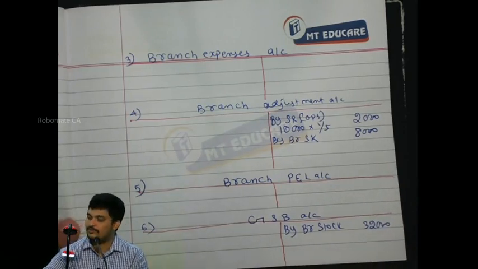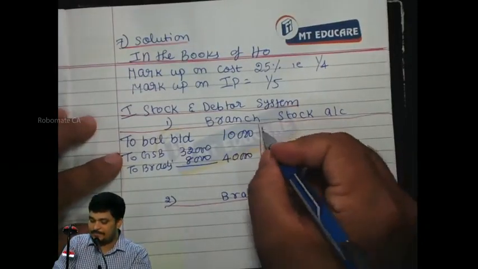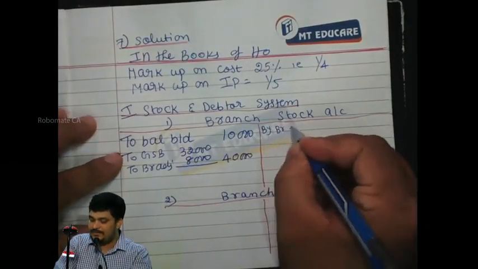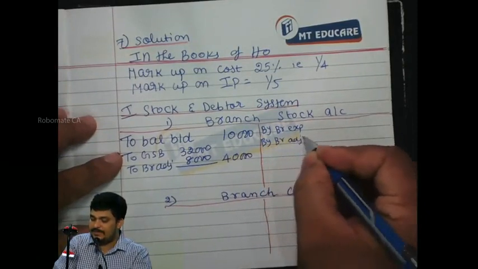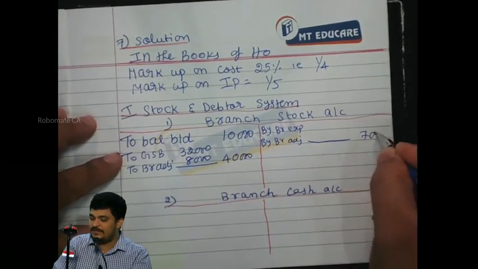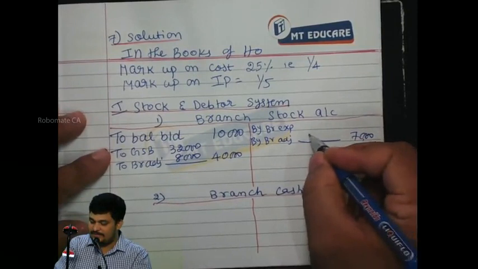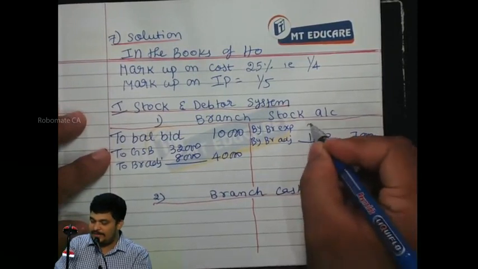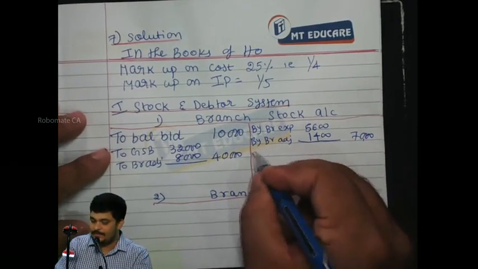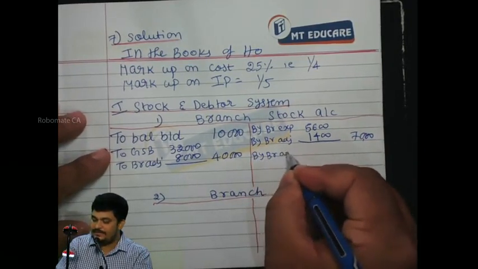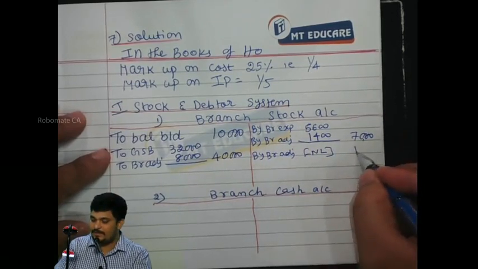Loss. Loss is of 2 types, abnormal loss and normal loss. First, abnormal loss entry: by branch expenses, by branch adjustment. Together it is 7,000. Adjustment is 1/5 of 7,000, 1,400, and 5,600. Right? By branch adjustment, normal loss 1,000.